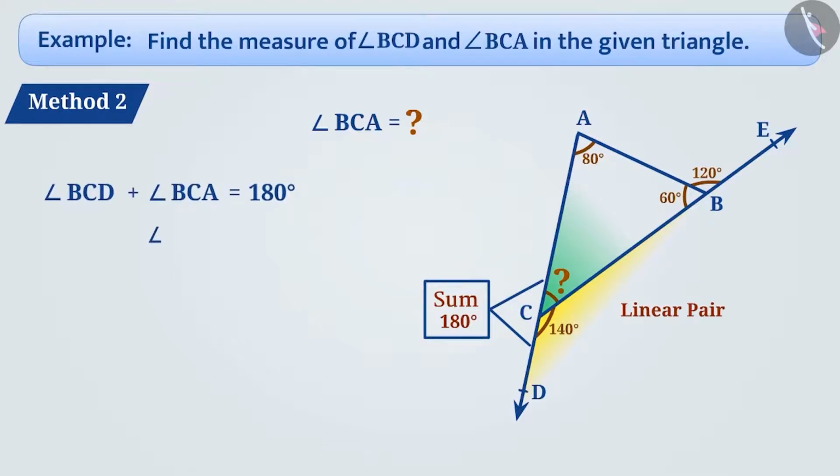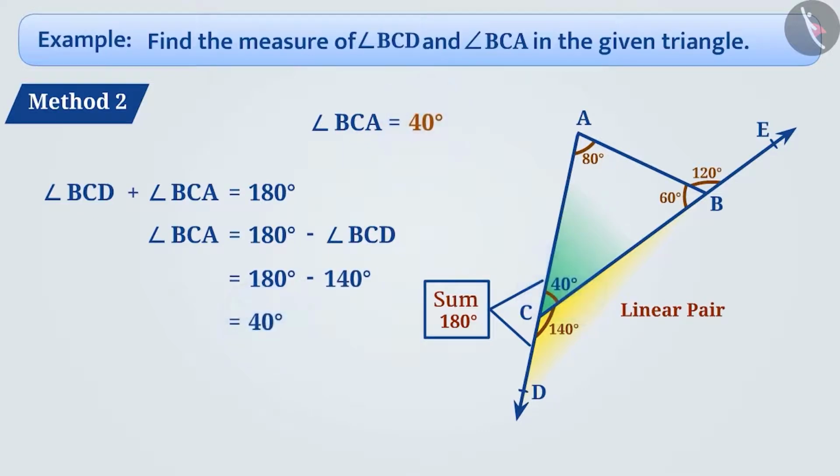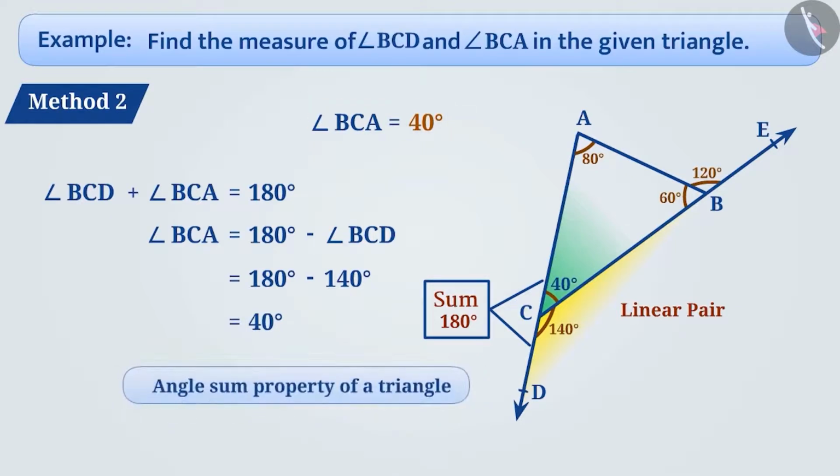We can say that angle BCA is equal to 180 degrees minus angle BCD is equal to 180 degrees minus 140 degrees is equal to 40 degrees. We can also find the measure of angle BCA using the angle sum property of a triangle, which we will discuss in detail soon. Always remember, in mathematics, we can find answers to any question using different methods.